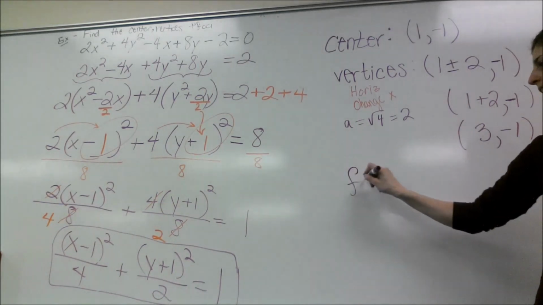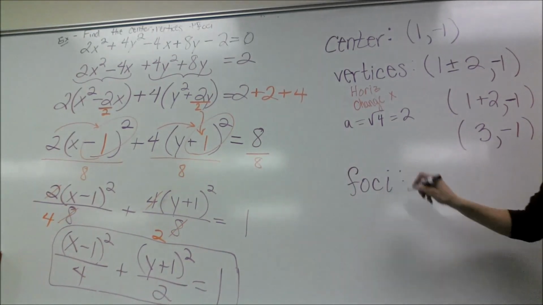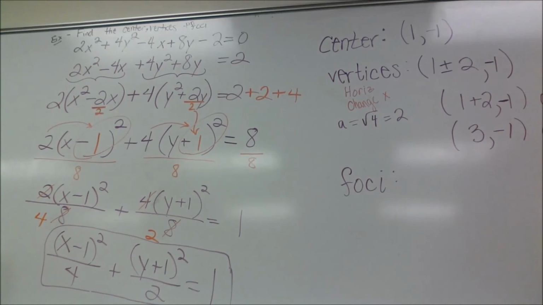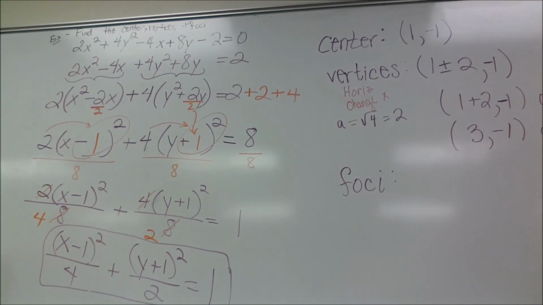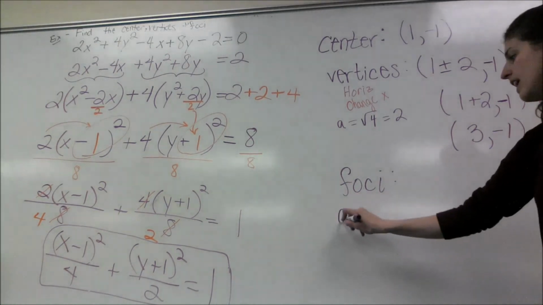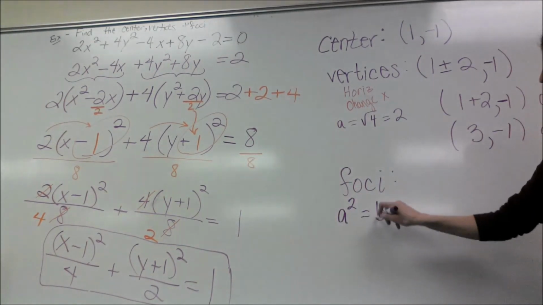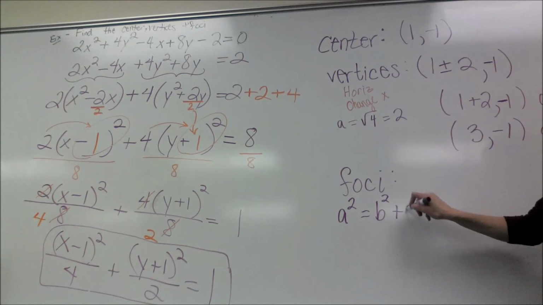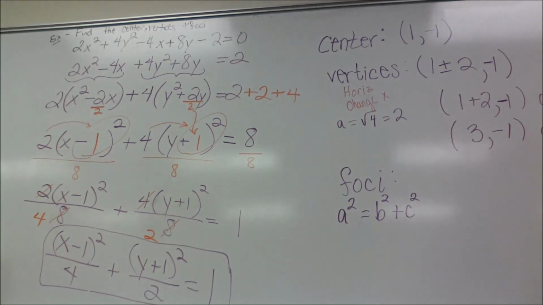Now we're going to find the foci. To find the foci, I need to find c. How do I find c? A squared equals B squared plus C squared. Mathematically, what's A squared? 4. That's the temptation though.